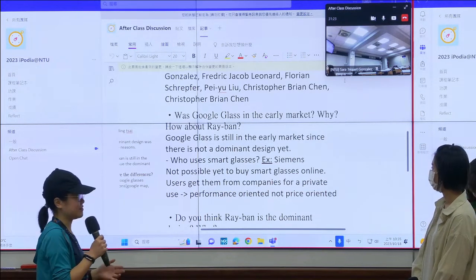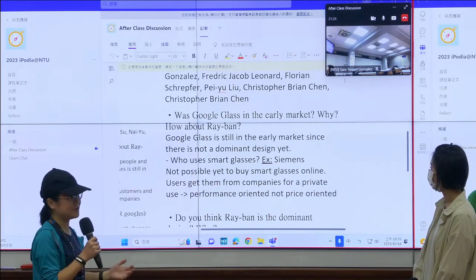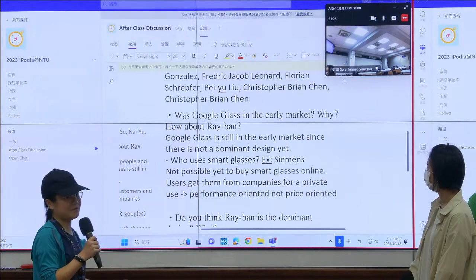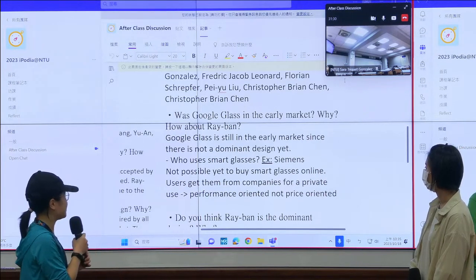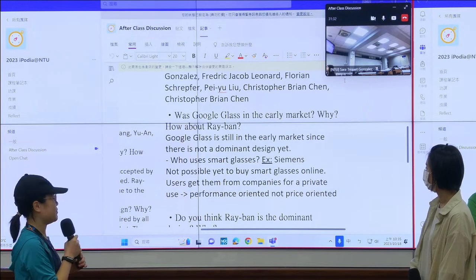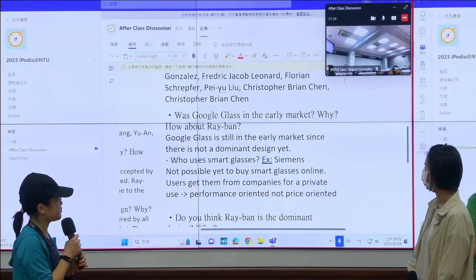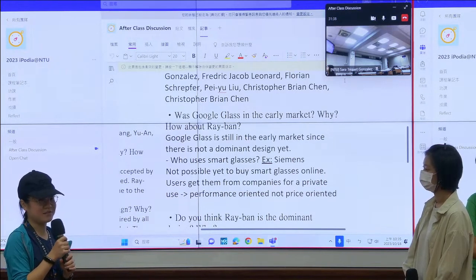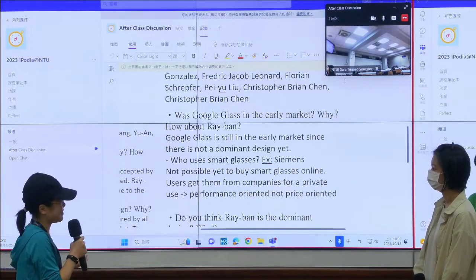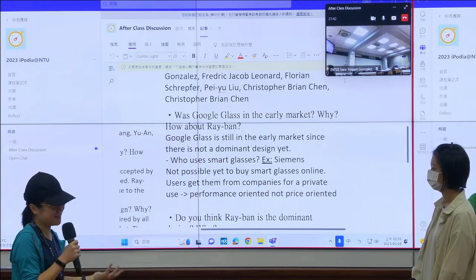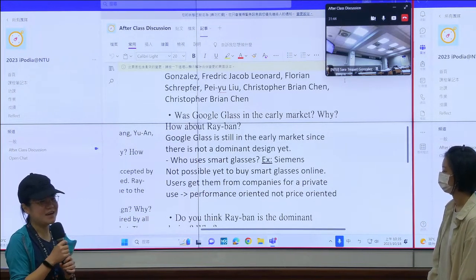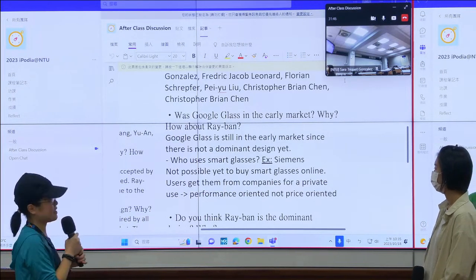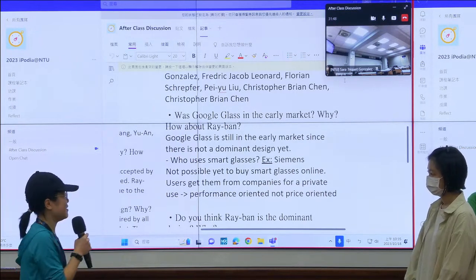It's not really available or common for the general public, and there's still not really a dominant design. The customers who use Google Glass are mainly still performance driven.